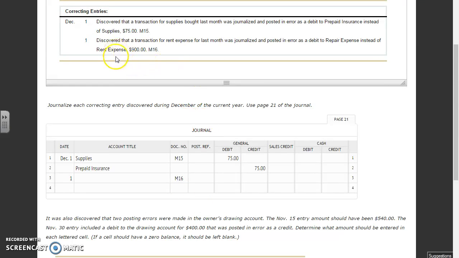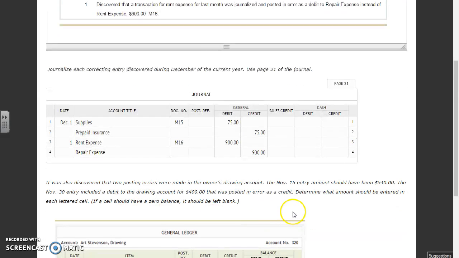We were supposed to debit rent expense, so we debit rent expense for $900, and credit repair expense for $900. Again, we're debiting what we were supposed to in the first place, and we're crediting repair expense because we accidentally debited it, to even it out.